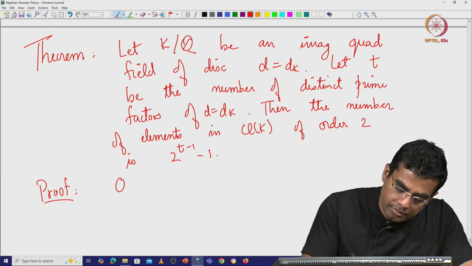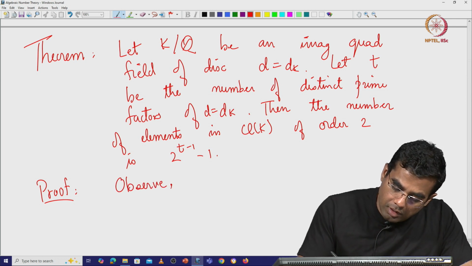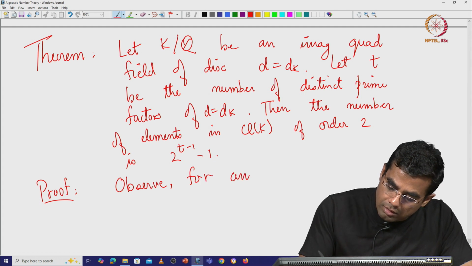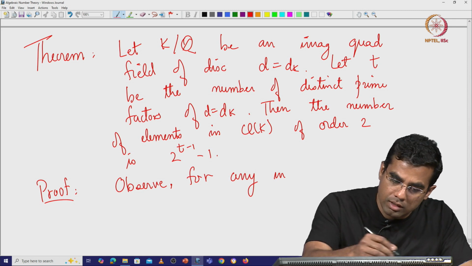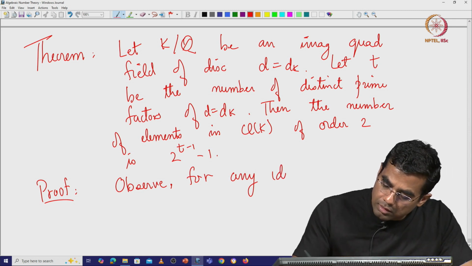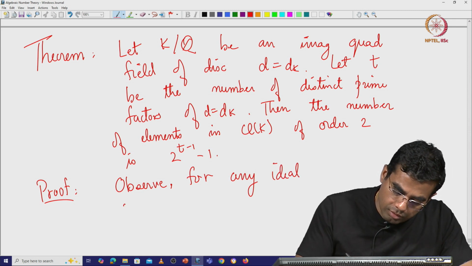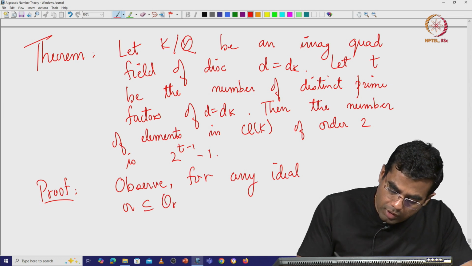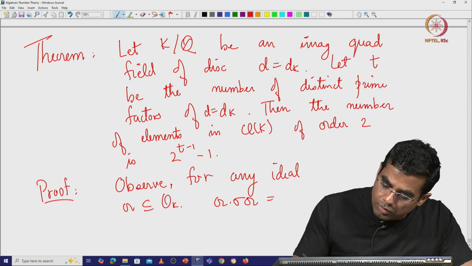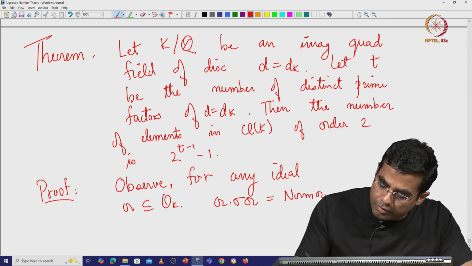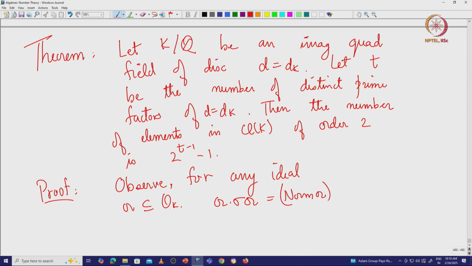You observe that for any non-zero ideal A, A times sigma A is equal to the ideal generated by the norm of A. And whenever I write norm, I always mean the norm from K to Q, in the previous lectures and in this lecture.